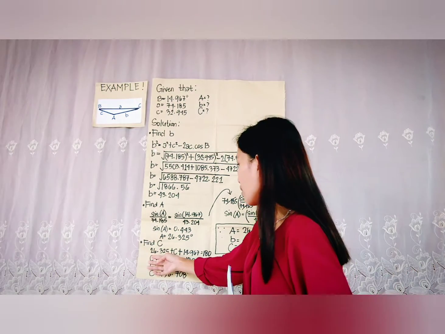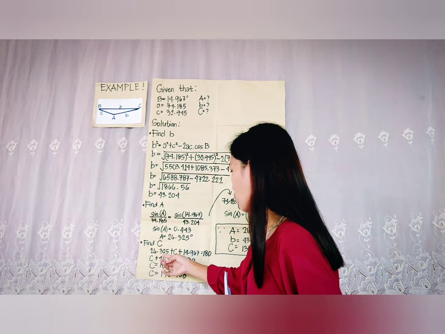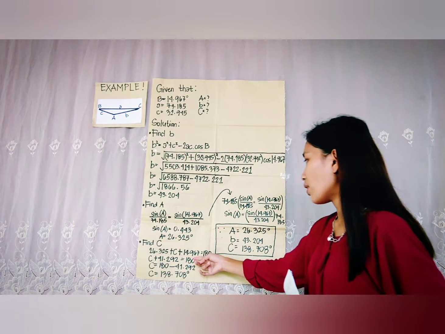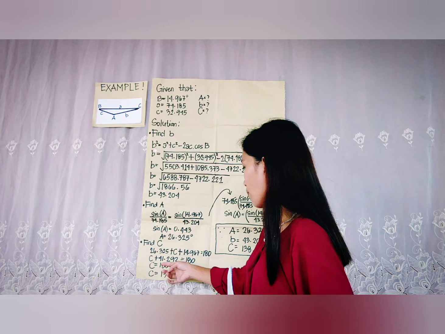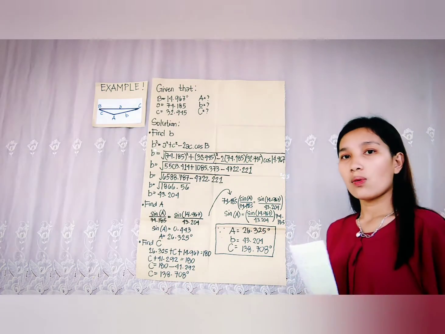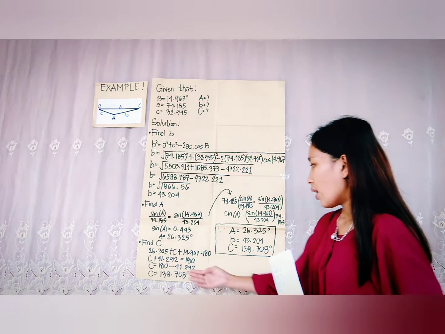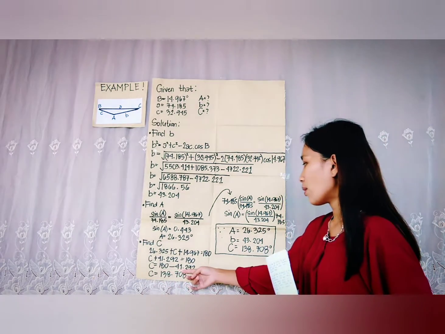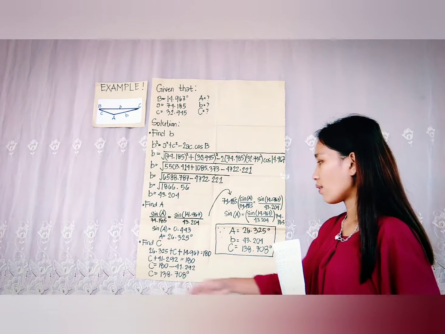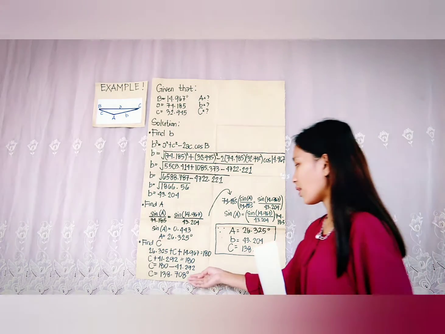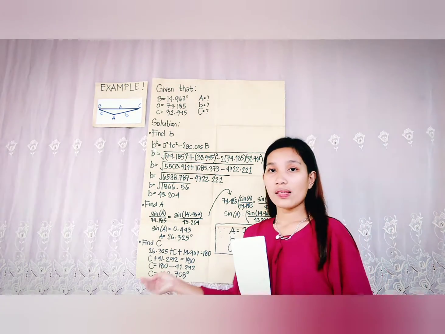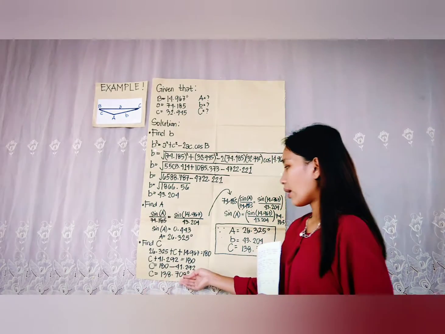So, we add 26.325 plus 14.967, which is equal to 41.292. So, 180 minus 41.292 is equal to 138.708. So, this is our angle C.